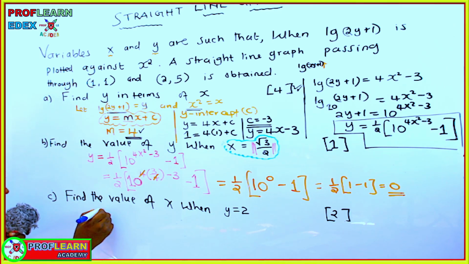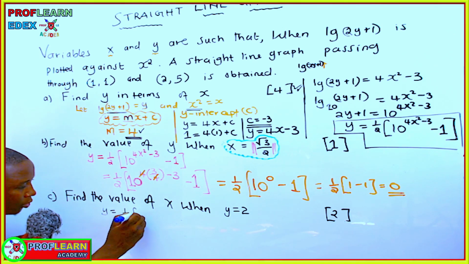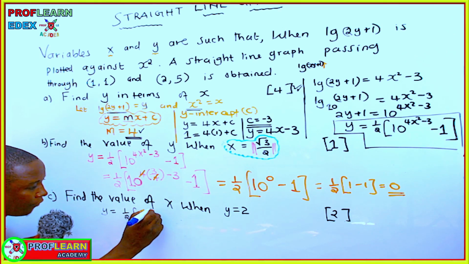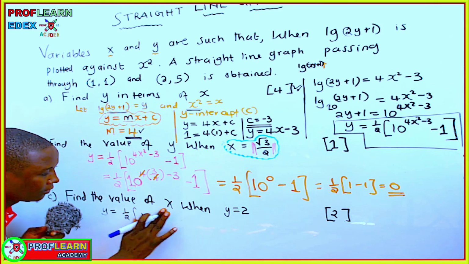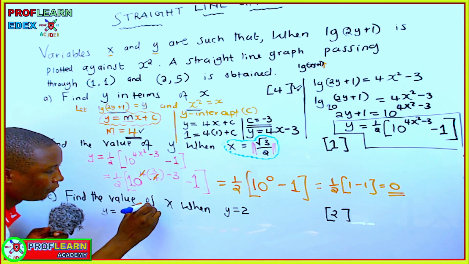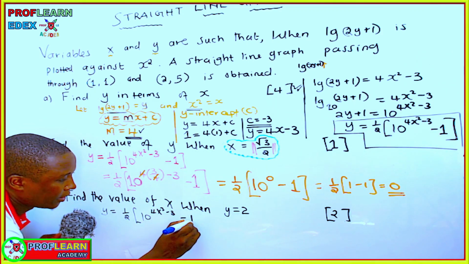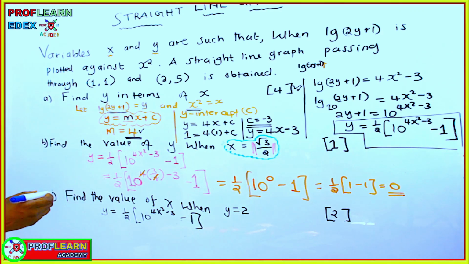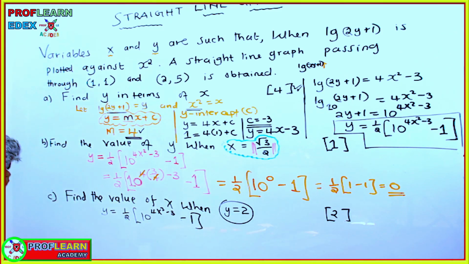We're going to say y is equal to 1 over 2 into bracket 10 raised to power 4x squared minus 3, then minus 1. So we are going to substitute y with 2.